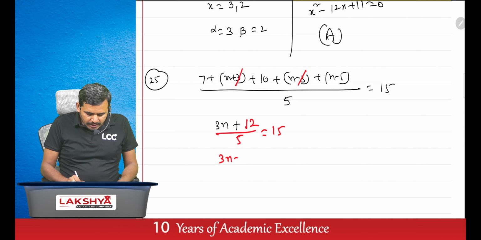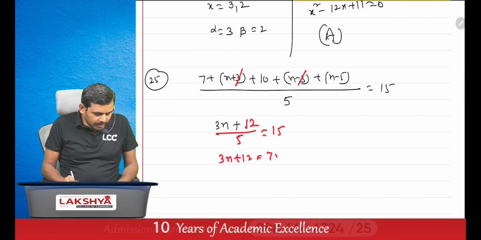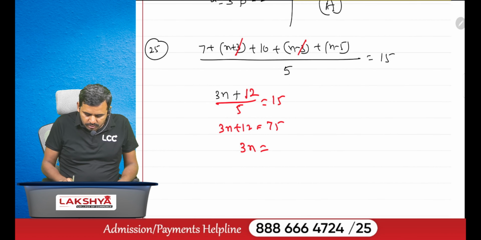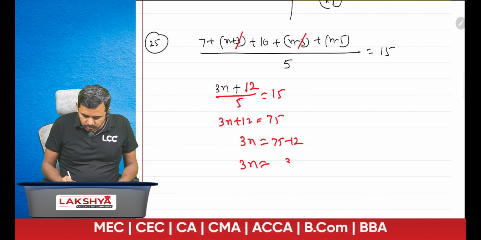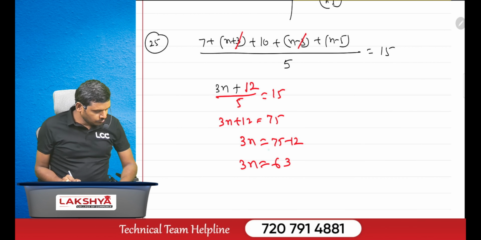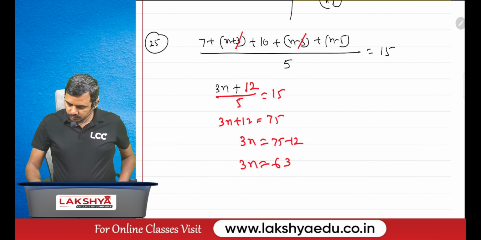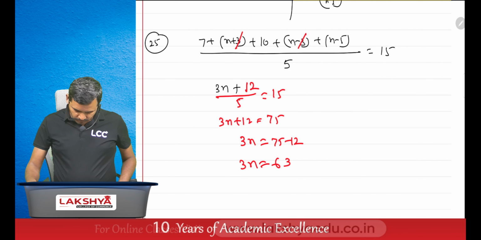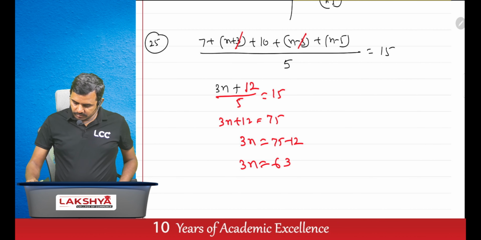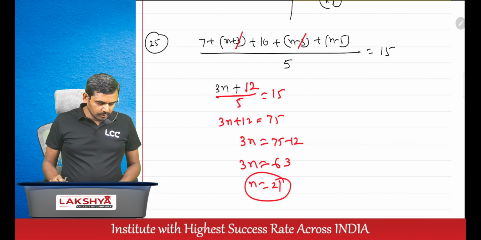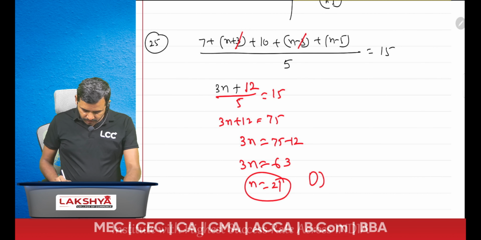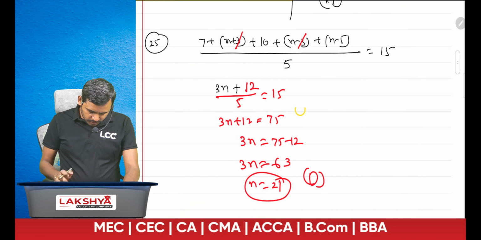See, 3n plus 12 is equal to 75. 3n is equal to 75 minus 12, that is 63. 63 divided by 3, n is equal to 21. That is there in answer D. 25th question, D.